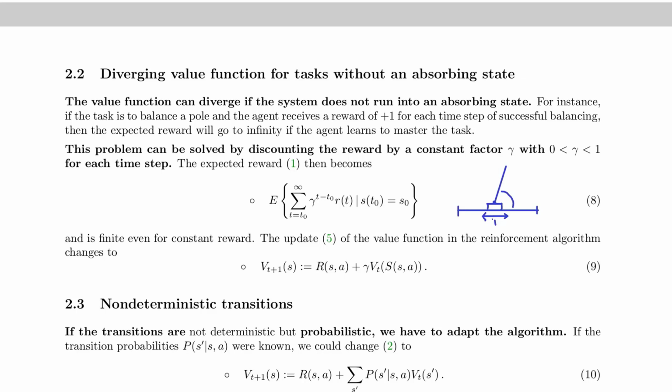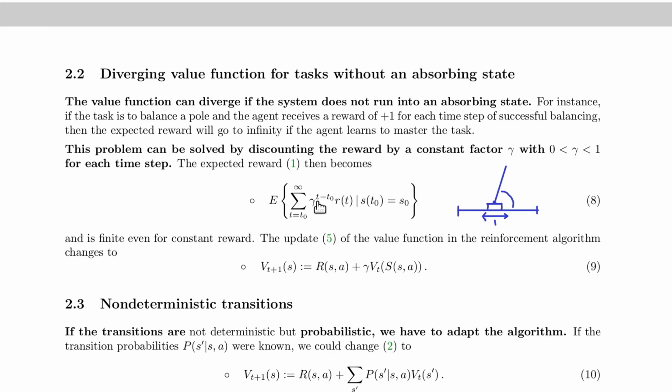What you can do about this is you can discount the reward. So the expected reward would not be just the sum over the reward that it accumulates, but as you go further into the future, the reward is discounted by a gamma factor.